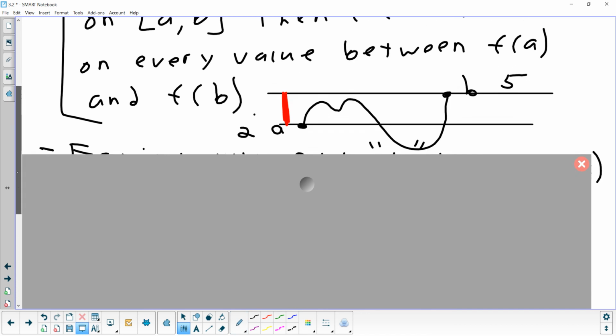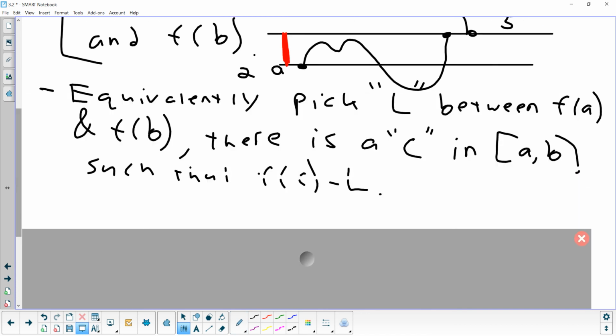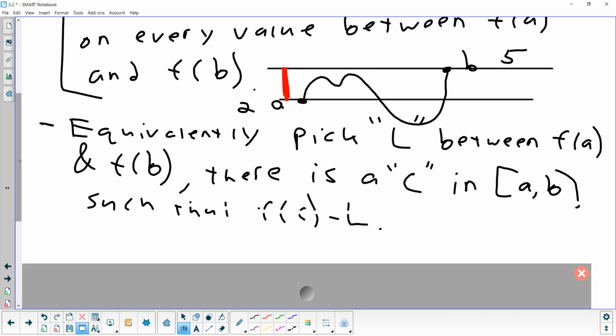Okay, another way of kind of thinking about the same thing is pick any number you want that's between, like in my example, 2 and 5. Any value that you want. If you pick a value between 2 and 5, like 4, there will be a number that you could plug into this formula.